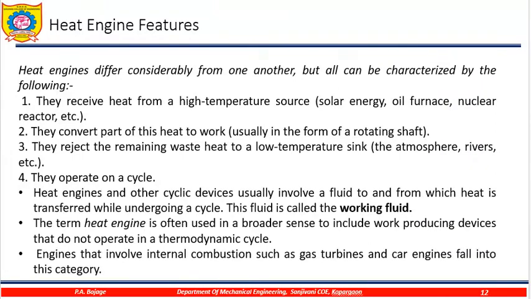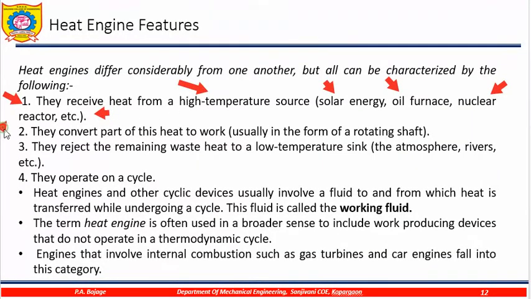Now, let us discuss some of the features of a heat engine. First, they can receive heat from a higher temperature source, which can be solar energy, oil, crude or petroleum oils, nuclear reactor, etc. So the heat source can be anything.